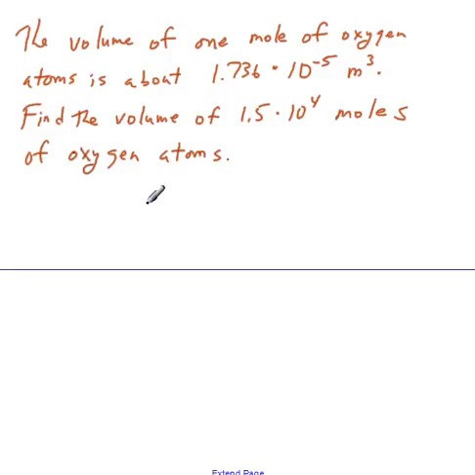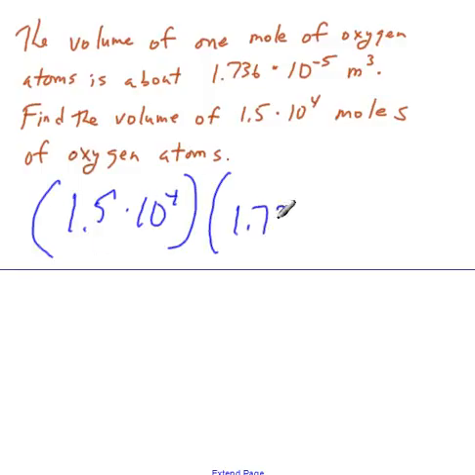So however much volume is in my original container, and my container here is a mole of oxygen atoms, and then I have this many moles. So I'm going to do 1.5 times 10 to the fourth times 1.736 times 10 to the negative fifth.